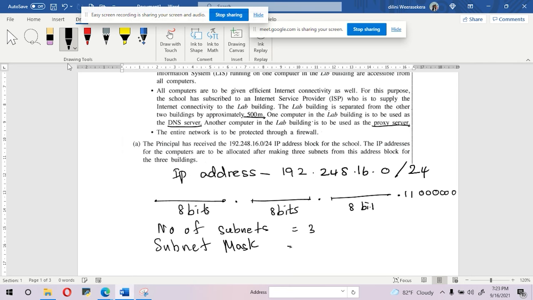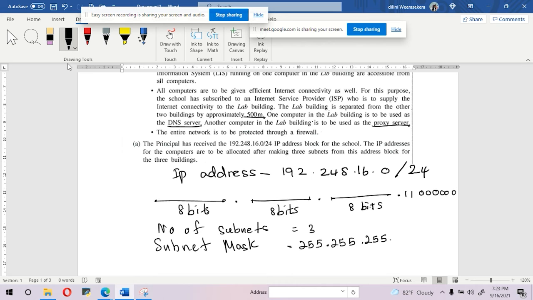The first 8 bits are all 8 ones, which is 255. The second 8 bits are also all 8 ones, which is 255. The third 8 bits are also all 8 ones, that is also 255.